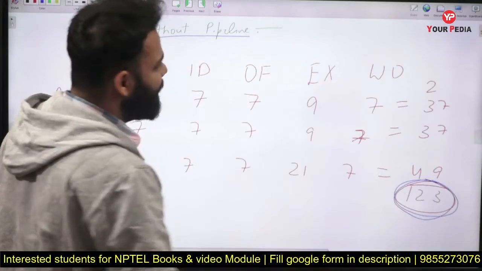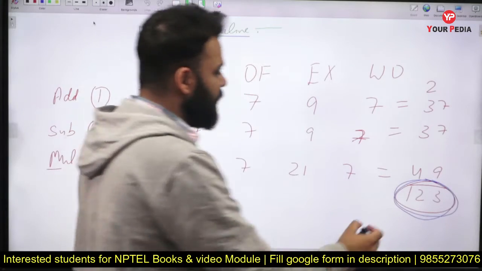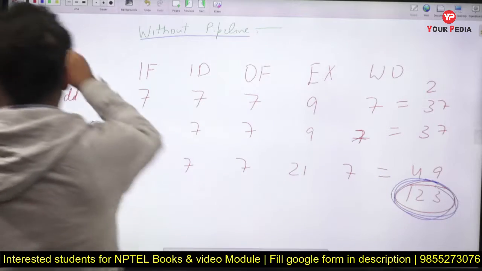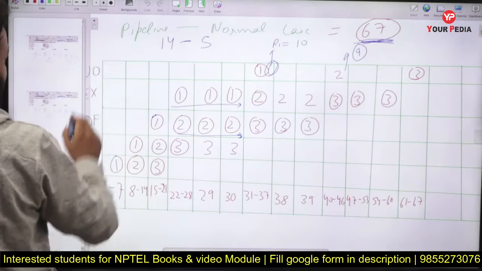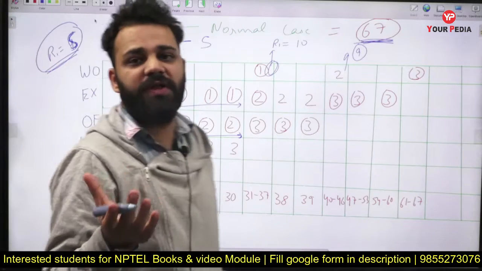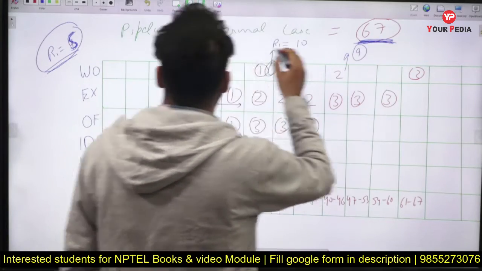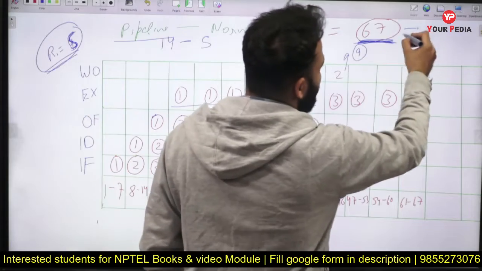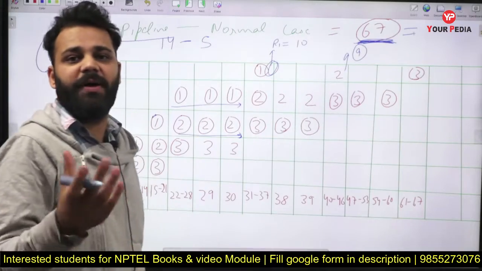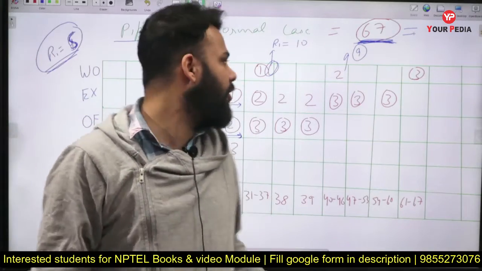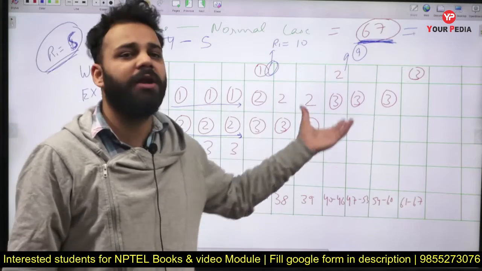So without the pipeline, the number of cycles was 123. In the second case, we use the pipeline but ignore the data dependencies, and the number of cycles was 67. But the answer would have been wrong, because the number of stalls would surely have been more than this.